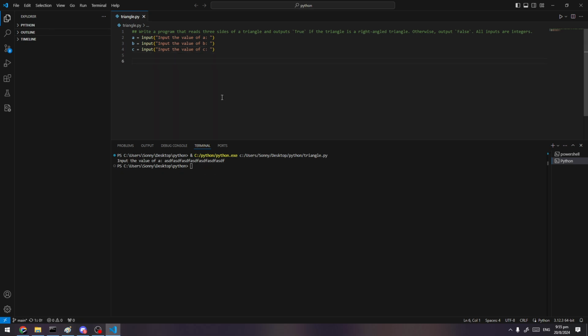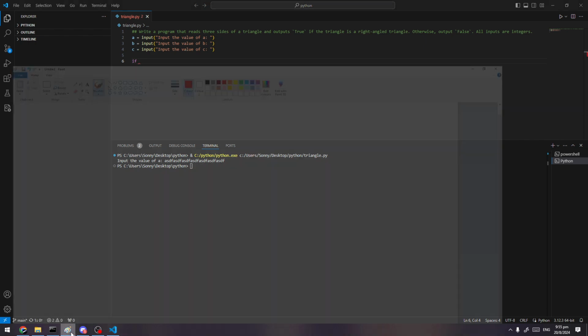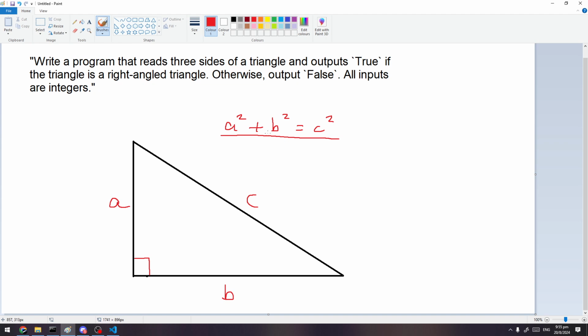You have learned the if statement, where we need to have a condition here. What is the condition? If this matches, you output true. If it does not match, you output false.